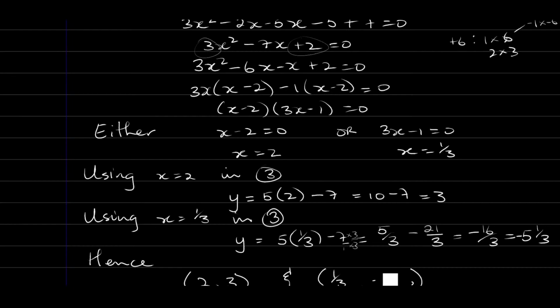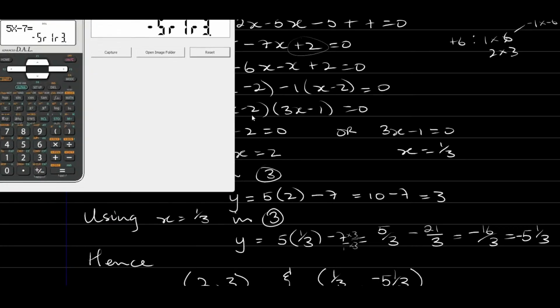This answer here needs to change to -5 and 1/3, right? And that there is the answer that I'm supposed to have. So this is a good thing that I know how to double check this on the calculator. I'll double check my answers later on as well to show you this method again.